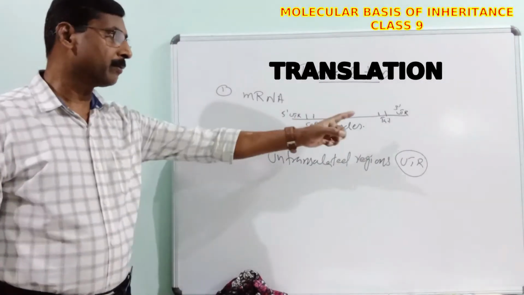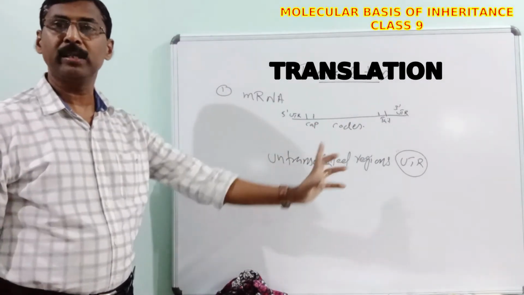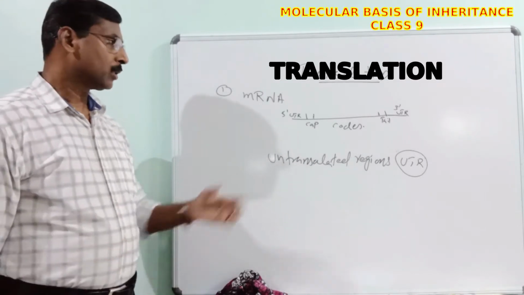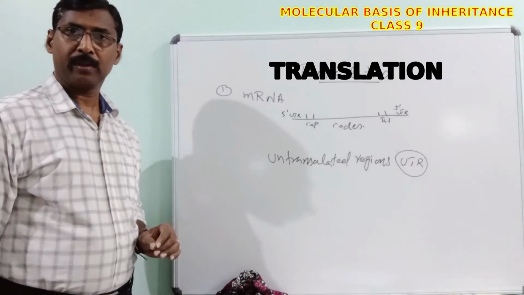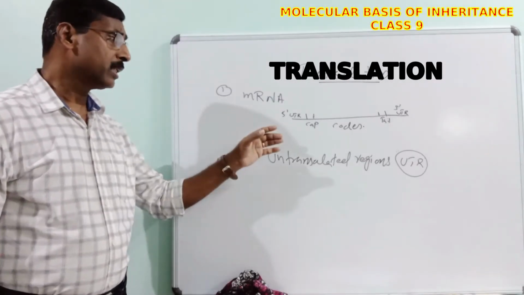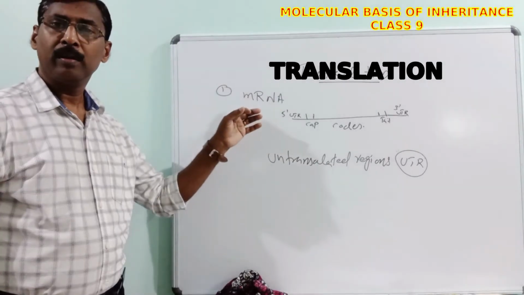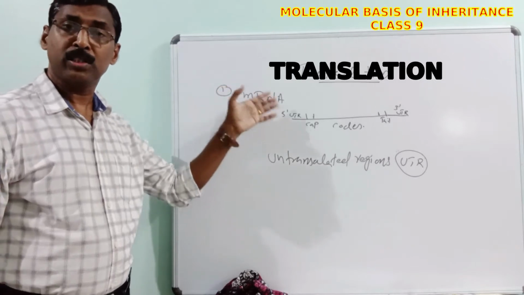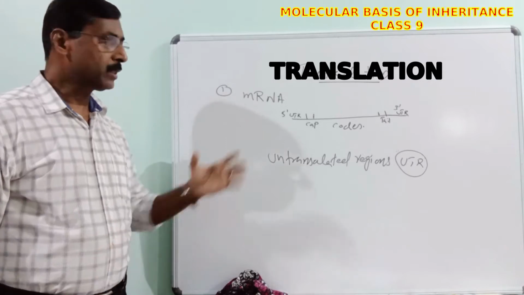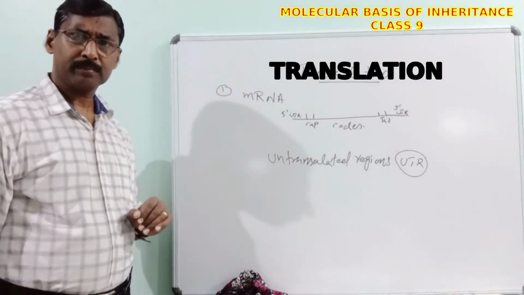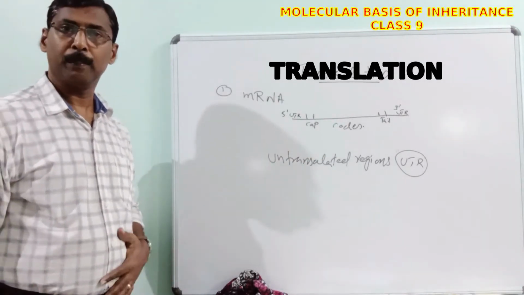That is the 3' UTR. These untranslated regions are not translated into a protein, but somehow they influence the translation process.